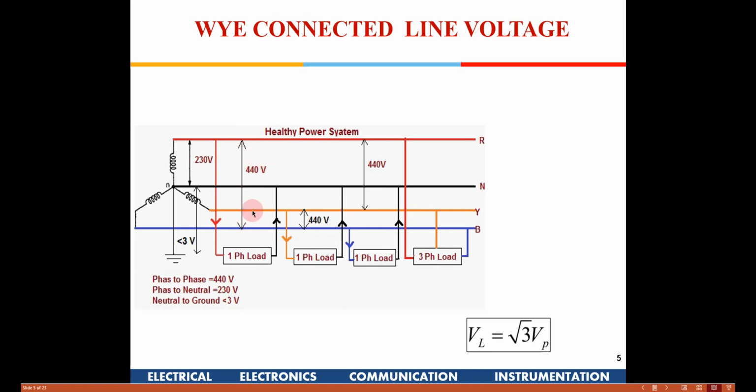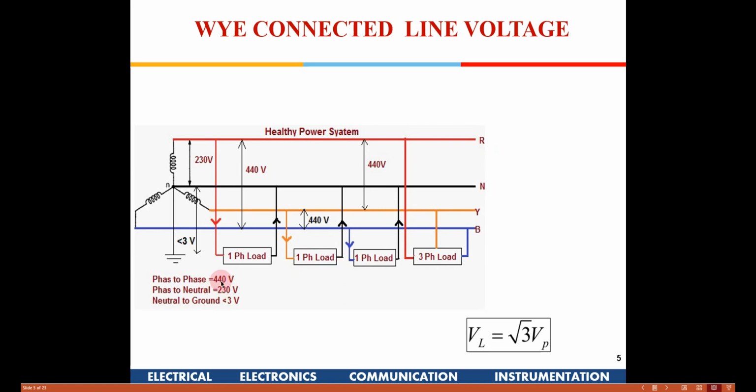So we have to be careful. We are not connecting any of our domestic loads across these two phases, but we will connect the loads only between a phase and the neutral. It could be any phase, doesn't matter, but the RMS voltage will be 230 between any of the phases and the neutral, while the RMS voltage between 2 phases will be 440.